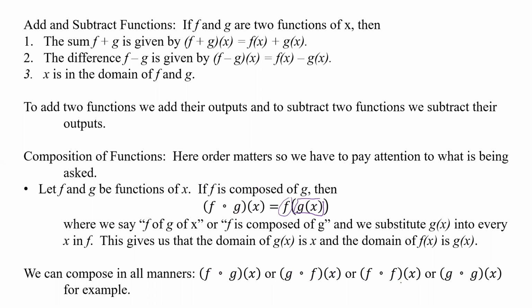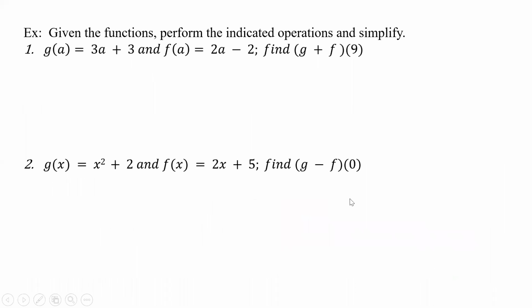We can do f(f(x)), and so basically we take f(x), plug that into f for the x's, and we'll have a new function. And we can also do g(g(x)), and so we take the whole function g(x), plug it into the original g function wherever there's an x, and then simplify from there. And we'll look at each one of these as we go along.